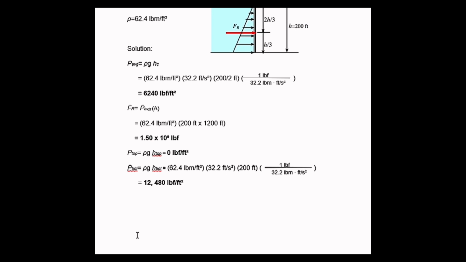And again, by converting pound mass to pound force, we need to multiply it by 1 pound force over 32.2 pound mass feet per second square. And using our calculator, we get 12,480 pound force per square feet.